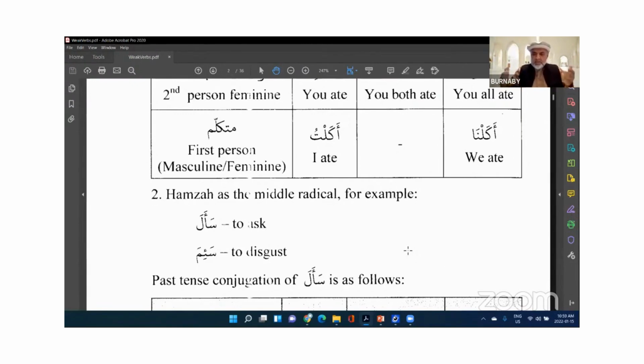Maybe not. But as a student of the Quran who wants to get intimate and connected with the Quran, this knowledge will put you ahead of other people. Next time you can discuss with somebody and understand why it is sa'ala and not something else, and what is the reason behind it. Are you with me, guys?